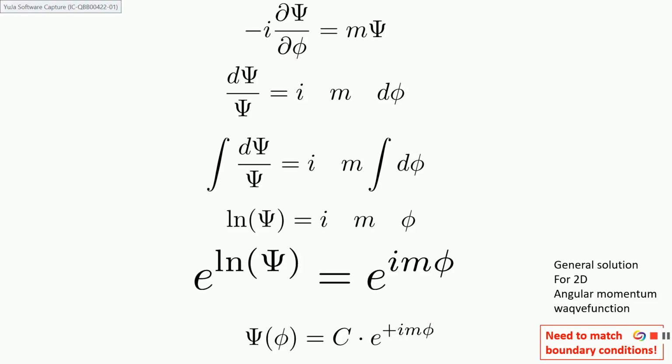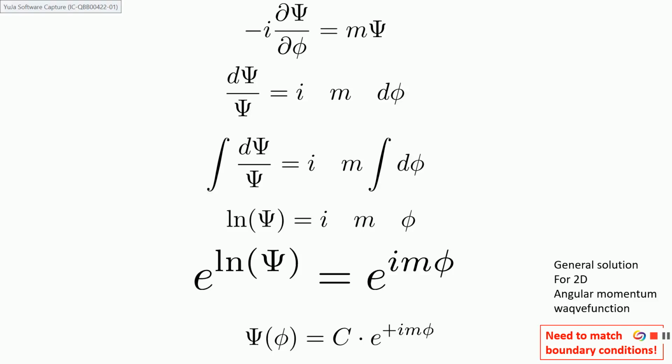And then, by our favorite tradition, we place left and right parts as powers of exponentials. So e to the power logarithm psi equals e to the power i times this dimensionless eigenvalue m times phi. And exponential of logarithm is the function itself.